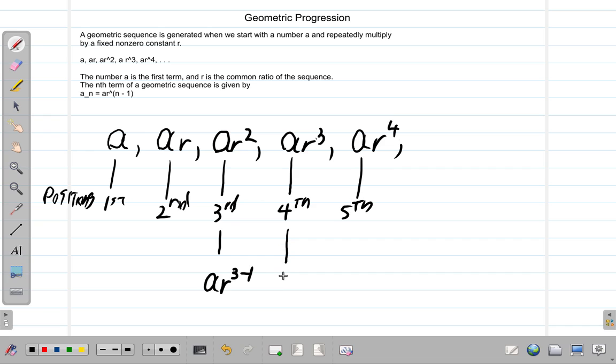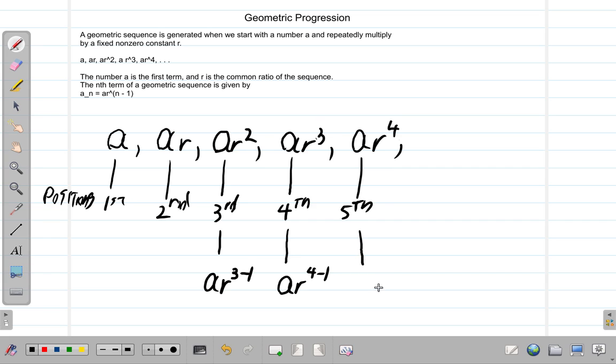For the fourth term, what you have is AR to the power of 3. But this can be written AR to the 4 minus 1. If you want to show the position in the expression, I show 4, but I have to minus 1 to get the 3.